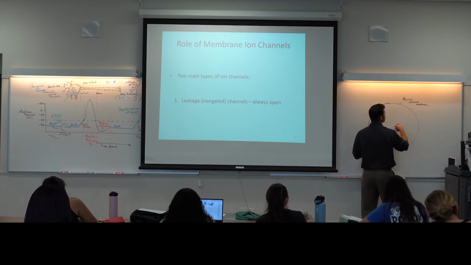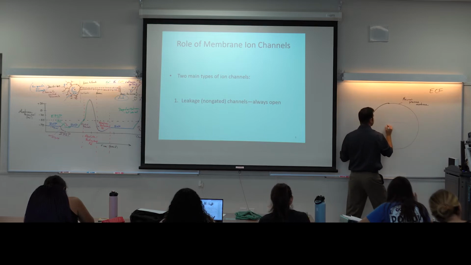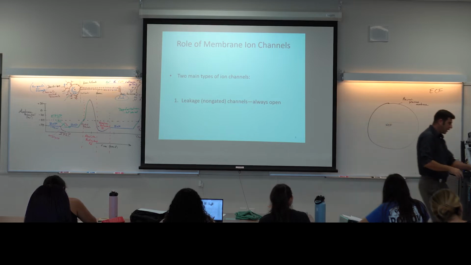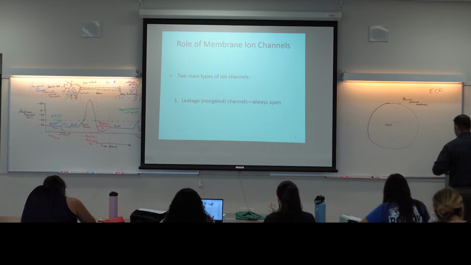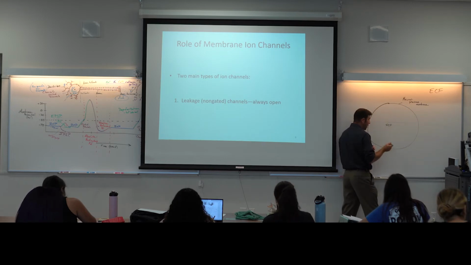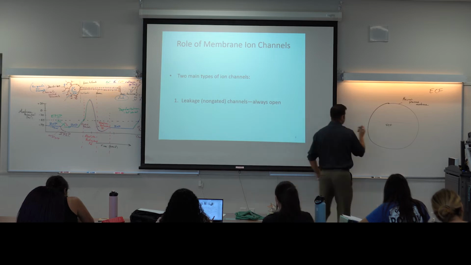So our neuron plasma membrane, to the outside we've got our extracellular fluid. To the inside we've got our intracellular fluid, or our cytoplasm. And there's going to be a bunch of different proteins embedded in the plasma membrane. I'm going to start here at the beginning by just putting in these leak channels.